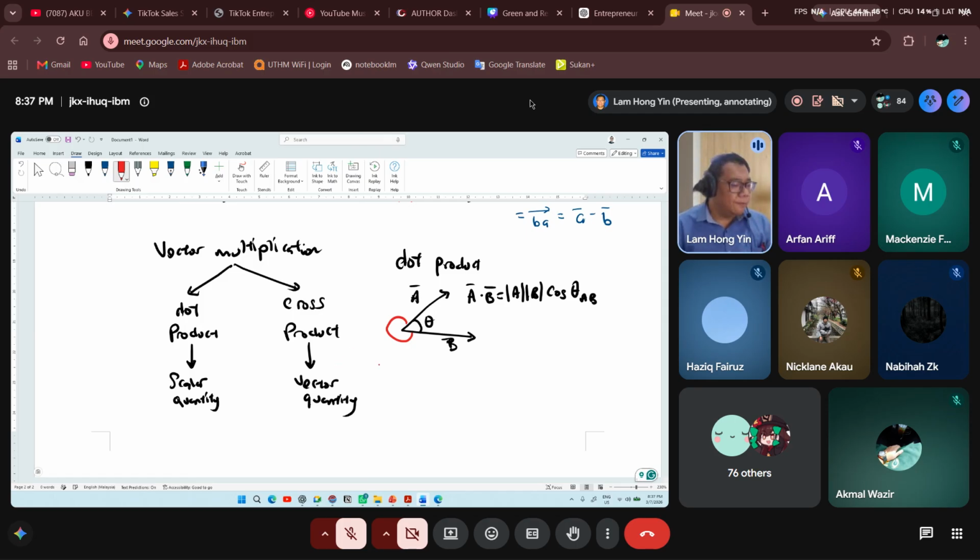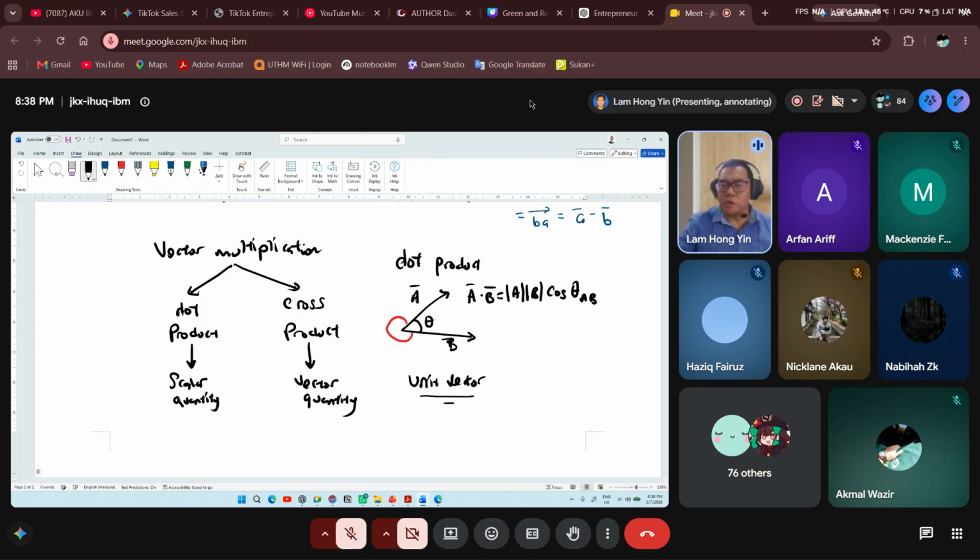For the cross product, this is a little bit tricky, but let's first talk a little more about the unit vectors.